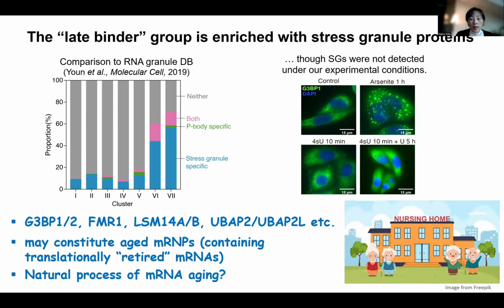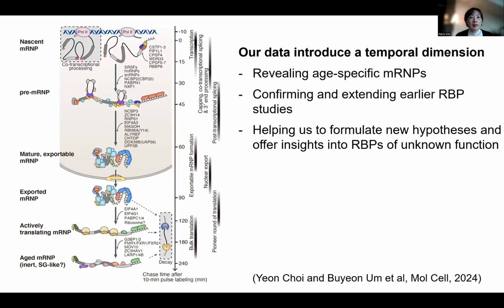Okay, with that, our data introduce a temporal dimension to mRNP research, revealing age-specific mRNPs and confirming and extending earlier RNP studies. And this study also helps us to formulate new hypotheses and offer insights into RBPs of unknown function.